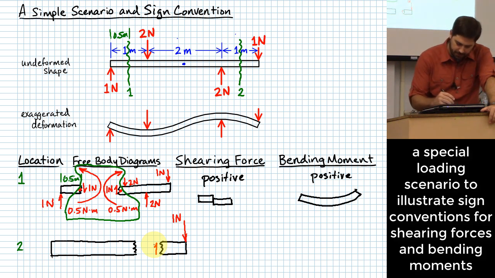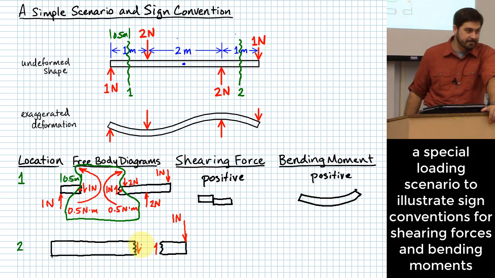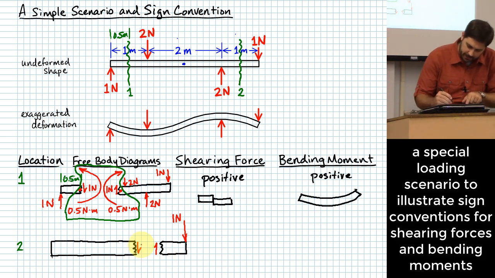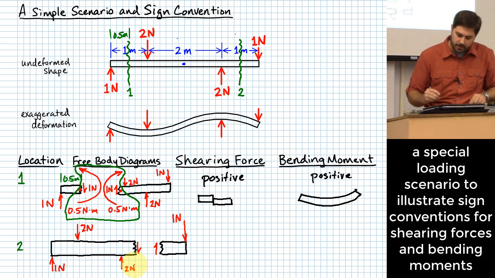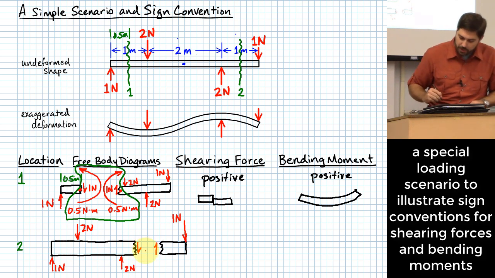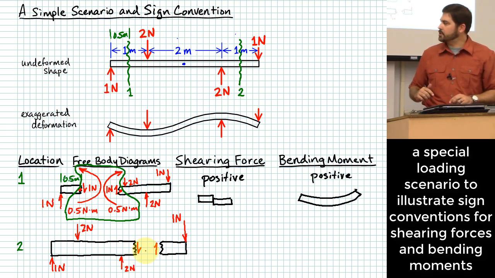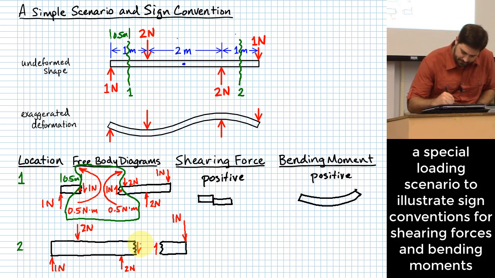What about over here? If that one's upward, it probably means this one's downward, right? And if you go ahead and look through it, it does turn out that way. This is 1 Newton. This is 2 newtons. And this is 2 newtons. So you would imagine that we would need a 1 Newton reaction force in either of those cases.